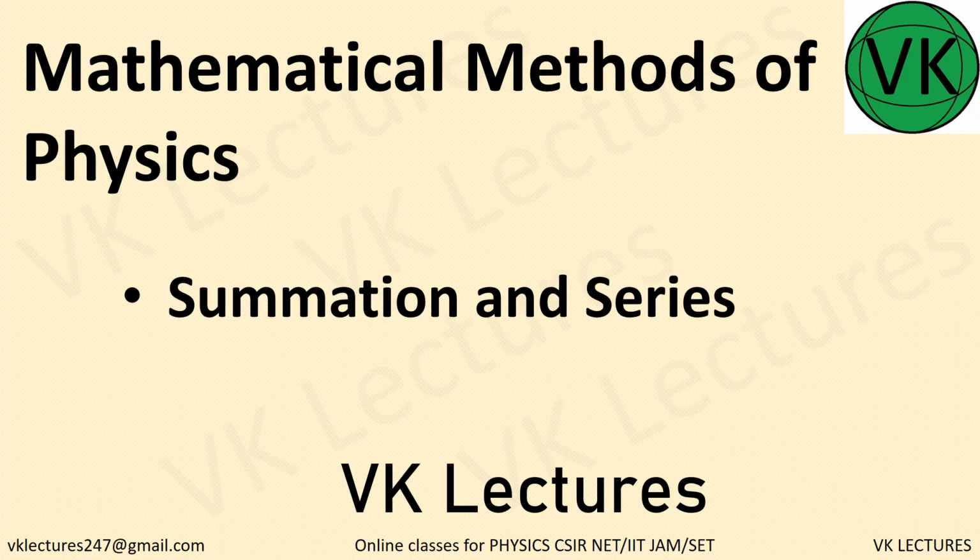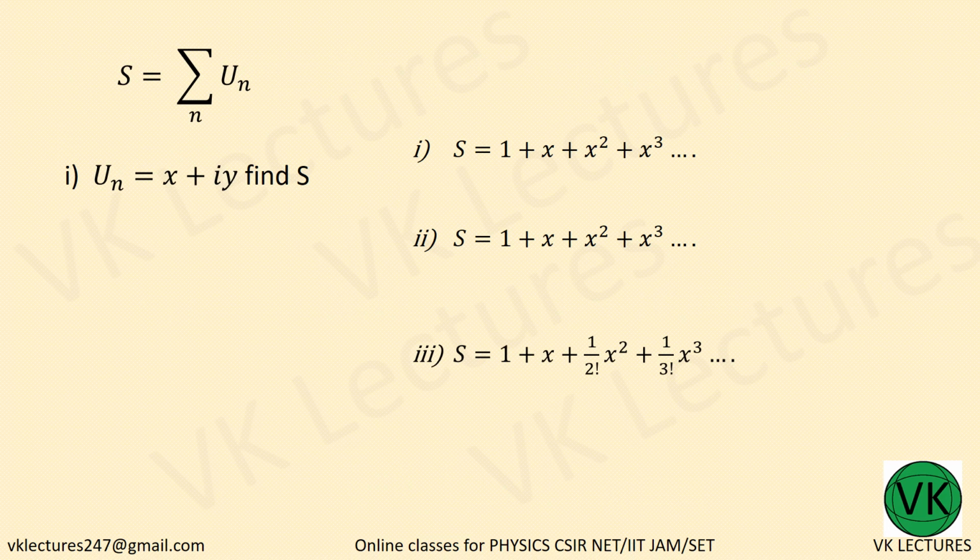Summation and series. Begin. Now here the first thing that you see is how to write in general the sum of some general terms. If there are some general terms, how will you write its sum? That is given as sum over n of un.